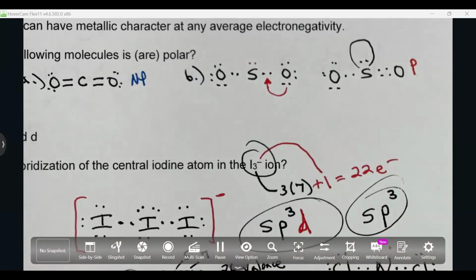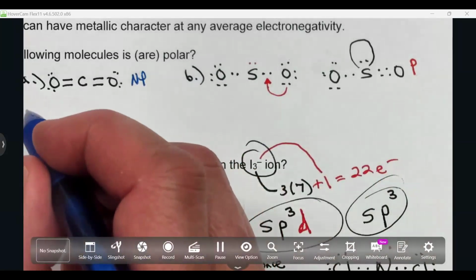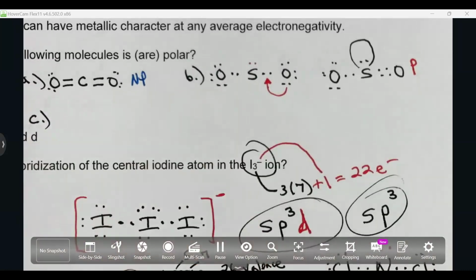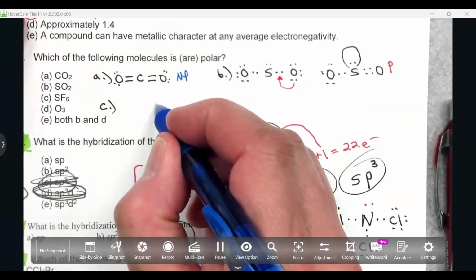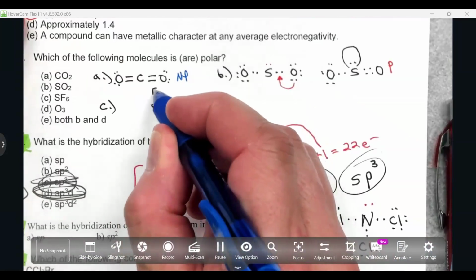In C, we have SF6. SF6, wow. So for SF6, we've got 6, 42, 48.